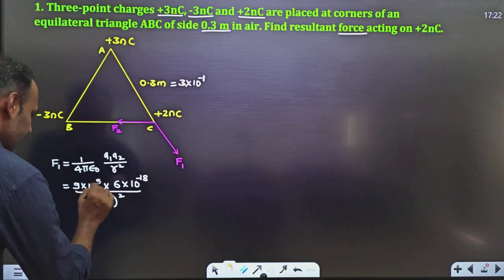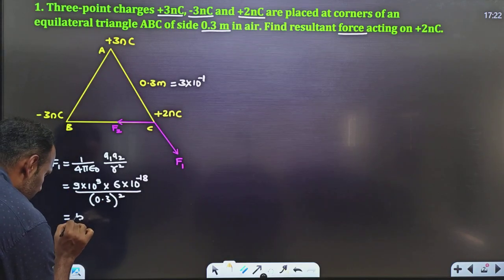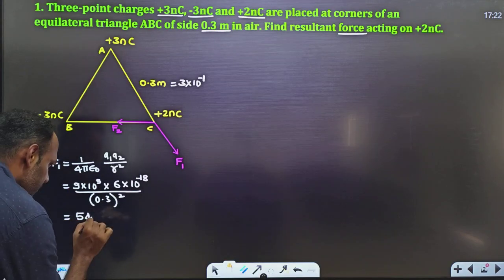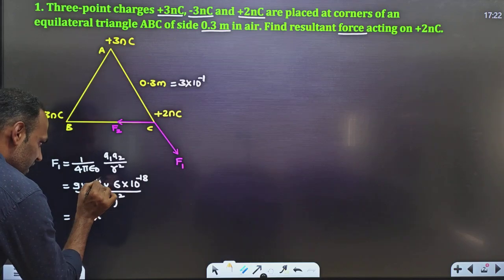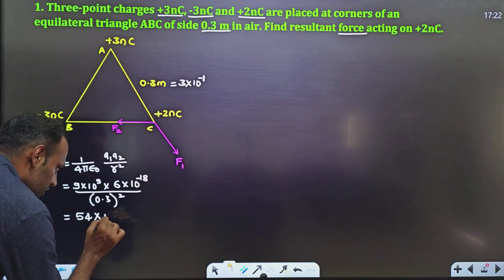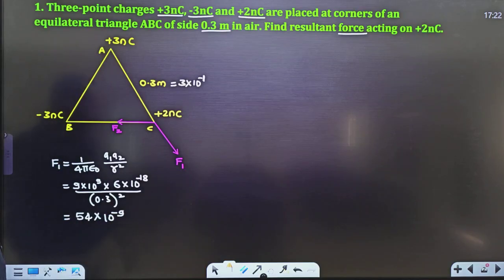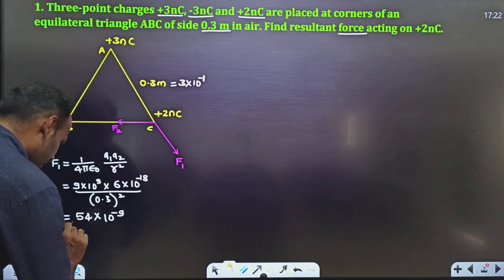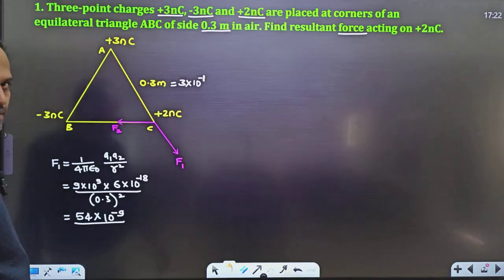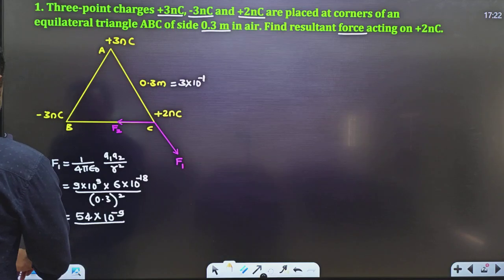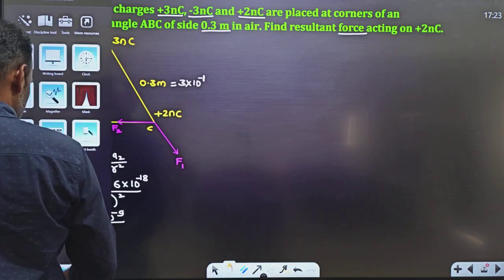9 into 6 will be 54, into 10 to the power 9 and 10 to the power minus 18. So 10 to the power 9 minus 18 will be 10 to the power minus 9, divided by 0.3 square. 0.3 square will be 0.09.